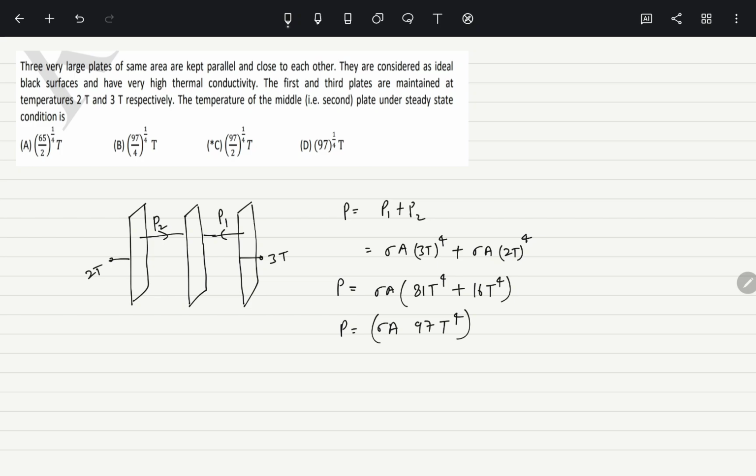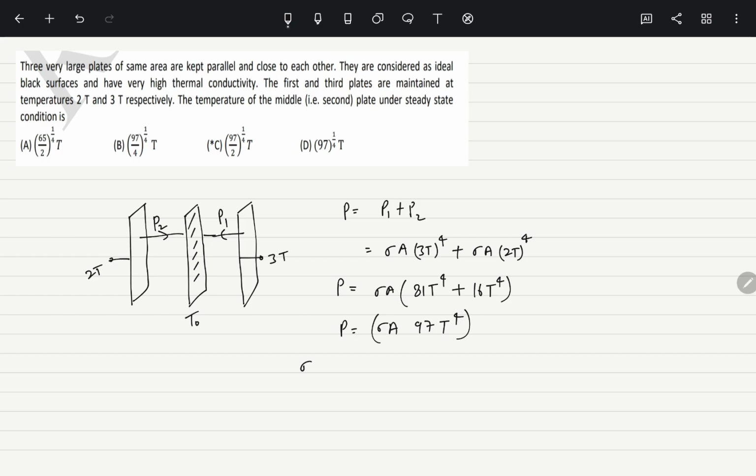Now we need to find the temperature. Suppose the temperature of this one is T naught. This is also an ideal black surface and has the same area. So we can write P as sigma, the absorbed one. As you can see, the middle plate is absorbing heat from both the sides, right? This side will absorb heat, the other side will absorb heat.